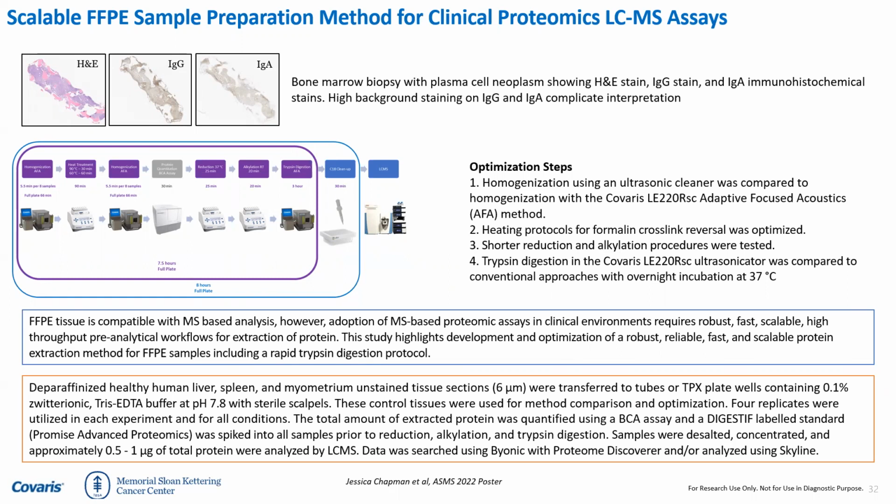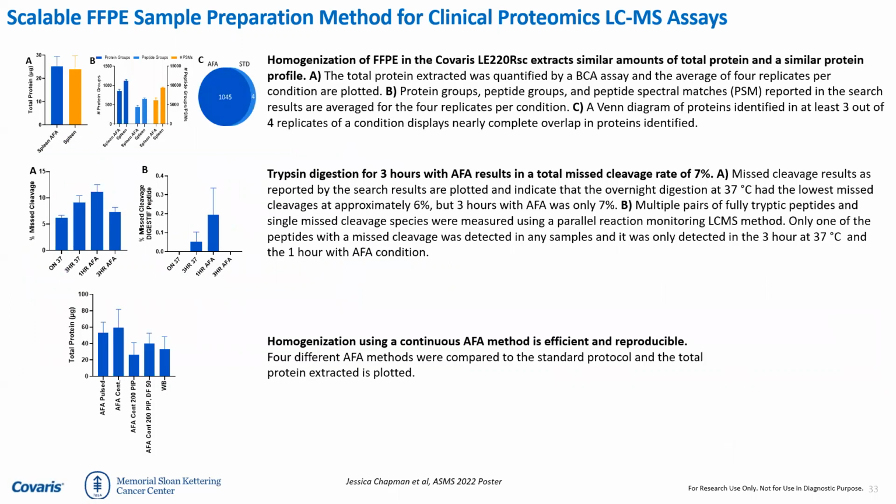So I'm not going to go over every single detail that is mentioned over here, but what she's highlighting is that the whole digestion protocol for proteins normally takes 16 hours at 37 degrees. She's digesting it for 3 hours with AFA on, and that's more than enough for her. Her binding efficiency is also much better. So it's significantly less amount of time.